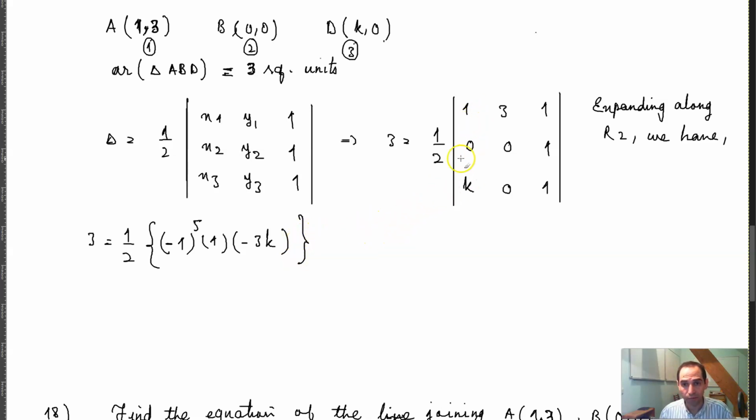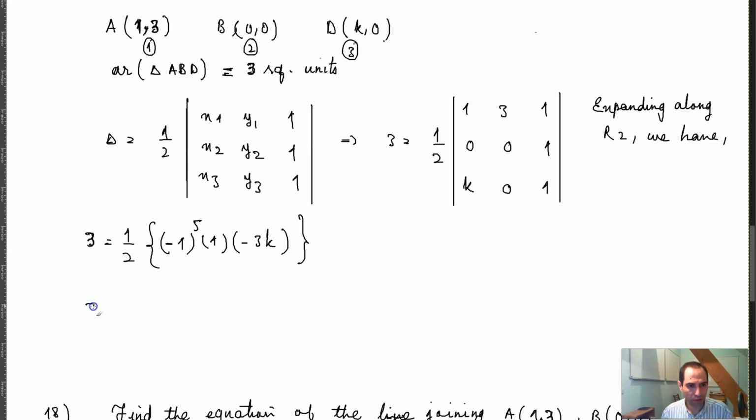Now, if I expand along the second row, I have 3 is equal to 1/2 times -1 raised to the power 2 plus 3 is equal to 5, times 1 times 1, so that is actually correct. Oh, that's not a 0, that's a 3.